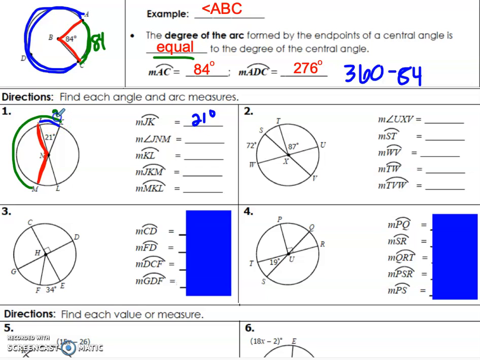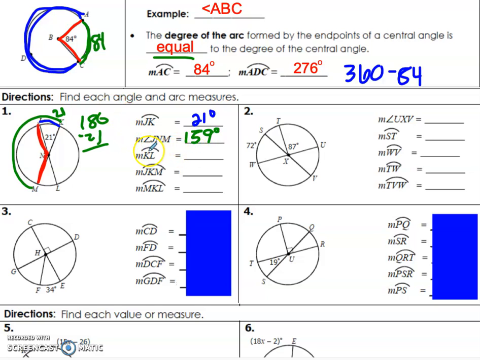So I know this outside is 21 degrees, and I know a semicircle is 180. So 180 take away 21 will give you the remaining red arc of JNM, which is going to be 159 degrees. Okay, so you can use your semicircle knowledge to help you out.